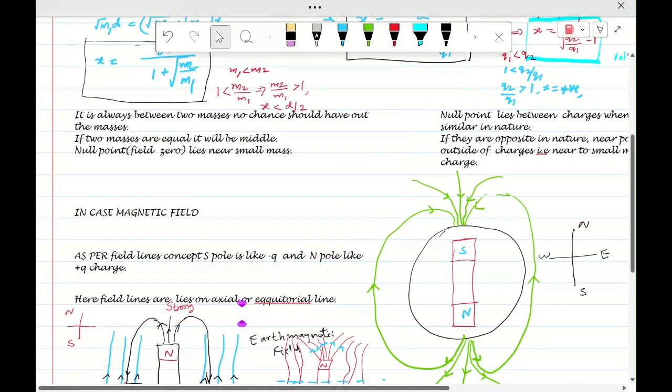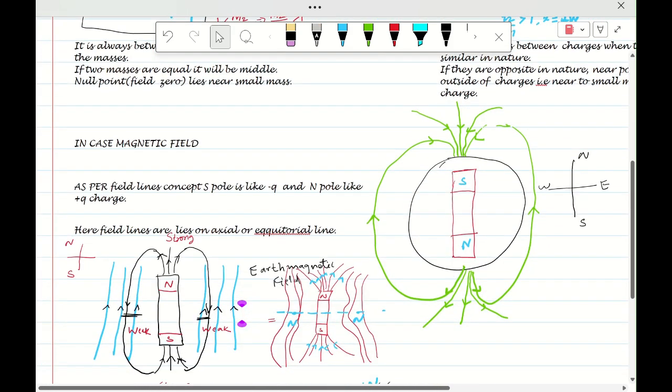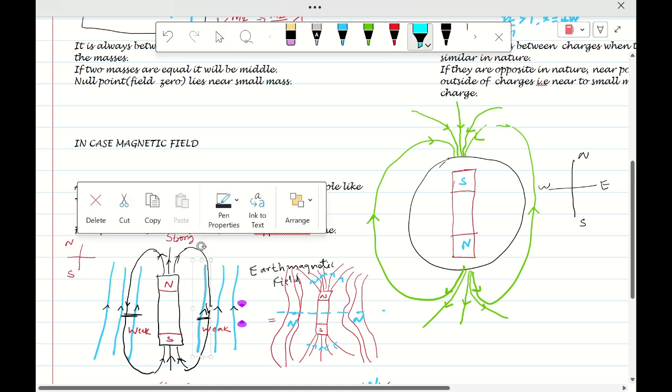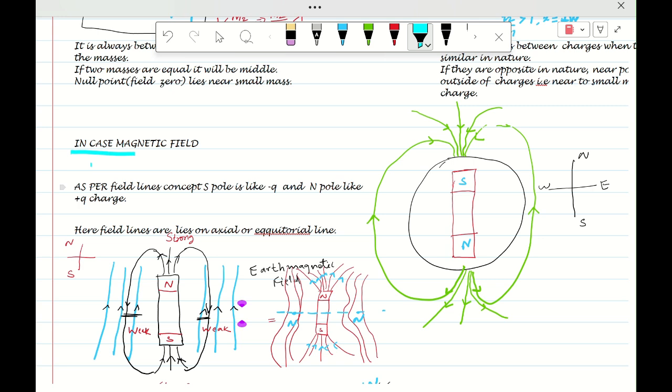Next, coming to the magnetic field. In the case of the magnetic field, first of all you need to understand earth magnetism. For a small concept, I will try to explain here. These north, south, east, west directions are geometrical directions.